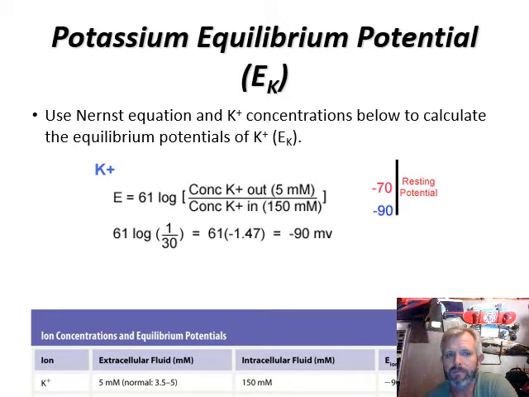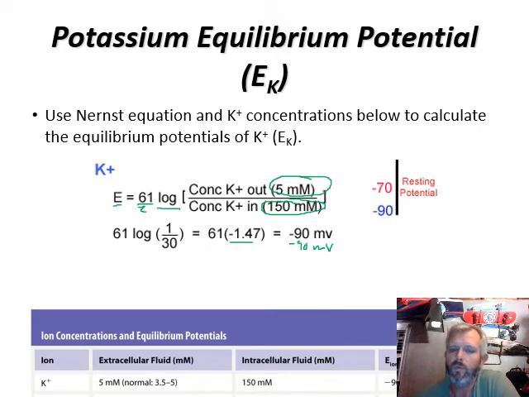Let's look at our friend potassium. If we use the Nernst equation, we get E equals 61 because it's a positive, right? There's the z under here, but it's 1, so it's 61. And log, what's the log? We have almost 30 times more potassium inside than outside. If you actually plug this number in, we get negative 90 millivolts.